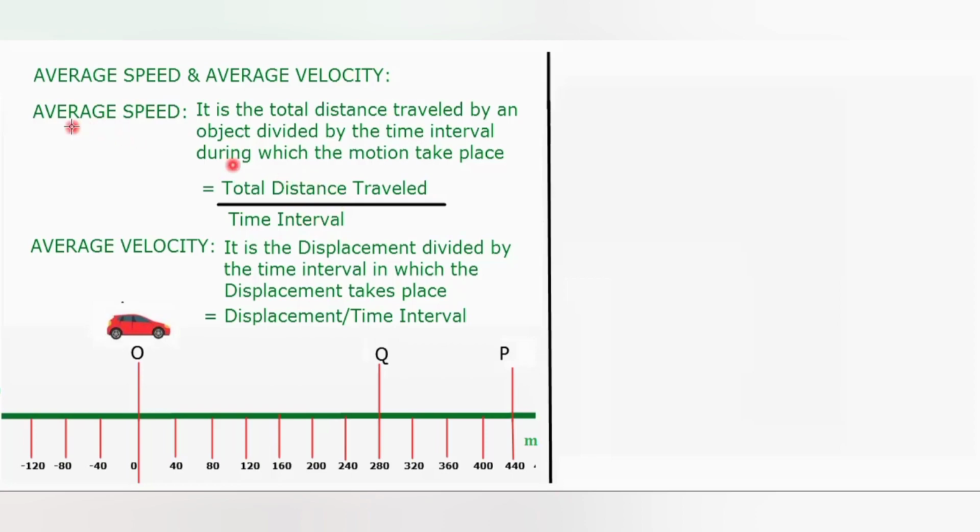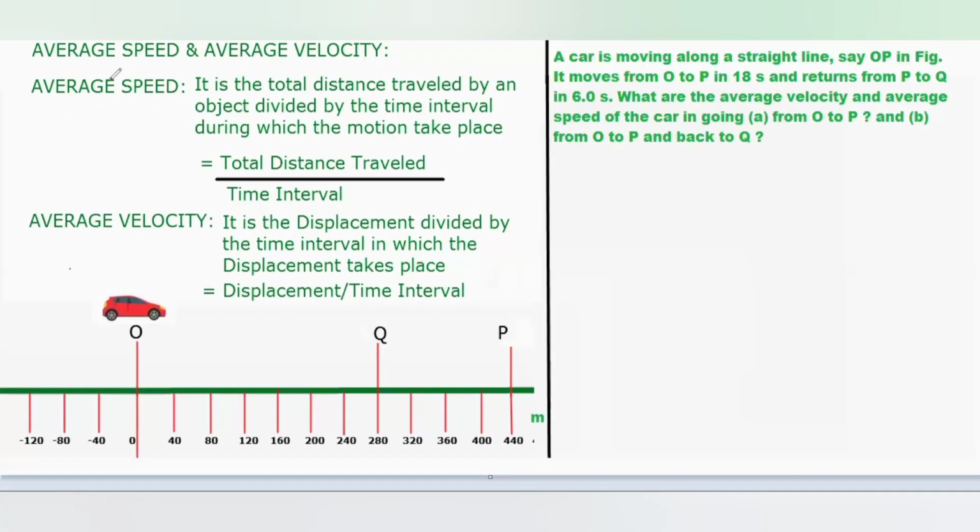So average speed is a scalar quantity, and average velocity is a vector quantity. Simply, speed is a scalar quantity, velocity is a vector quantity. These two definitions, average speed and average velocity, we are going to discuss with a numerical example. It means that we are going to verify whether these two terms are always the same or not.